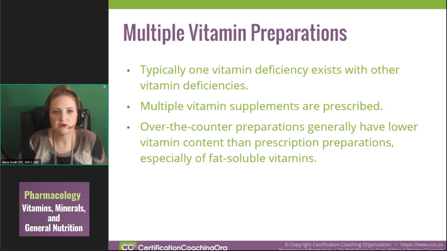Now, I'm not talking about prenatal vitamins, because prenatal vitamins are high in folic acid for a reason. If you are thinking about getting pregnant and having children, most doctors, gynecologists and OBGYNs will tell you that you should start taking prenatal vitamins 6 months before you get pregnant, just to get the body ready and build up that folic acid and other things that you need in your body.